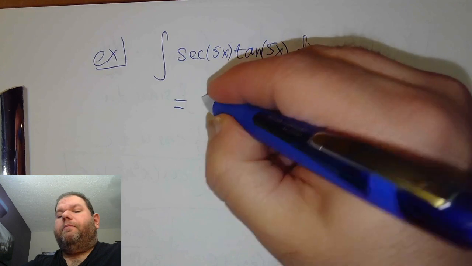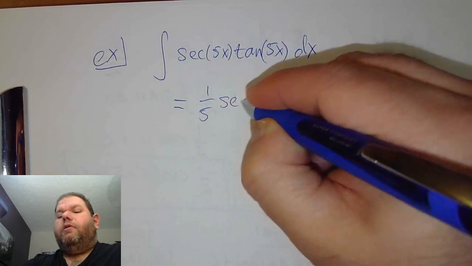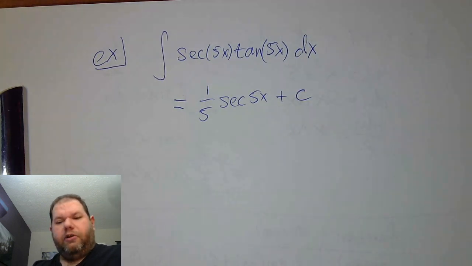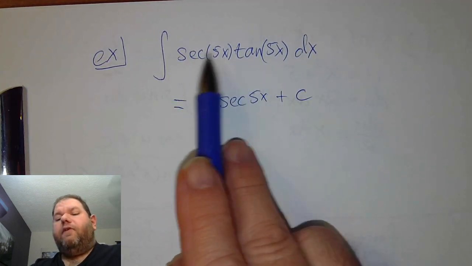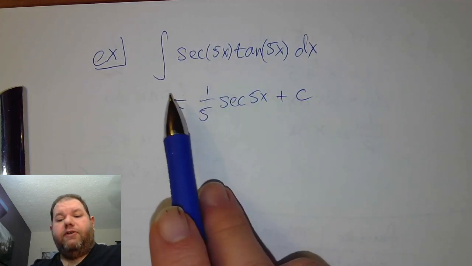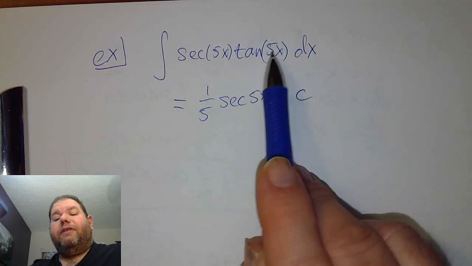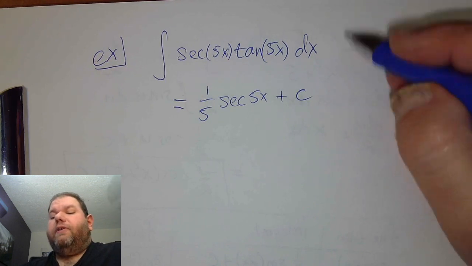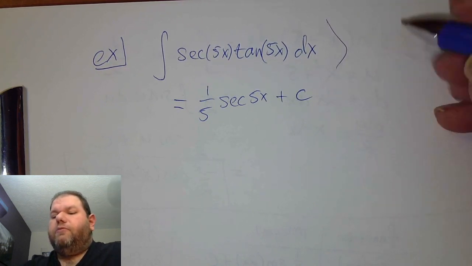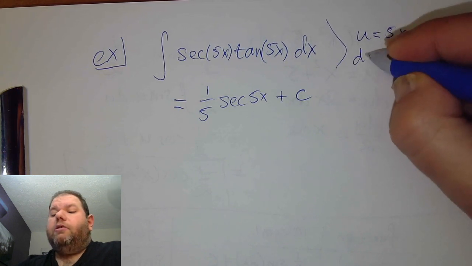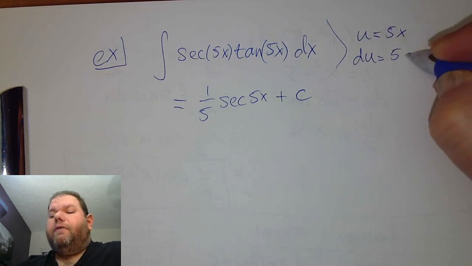Right. This one probably seems a little bit stranger than the other ones we were looking at because we actually have two different trig functions here. Now, as long as they both have the same thing inside, well, we could say, if we wanted to, u is equal to 5x, du equals 5 dx.